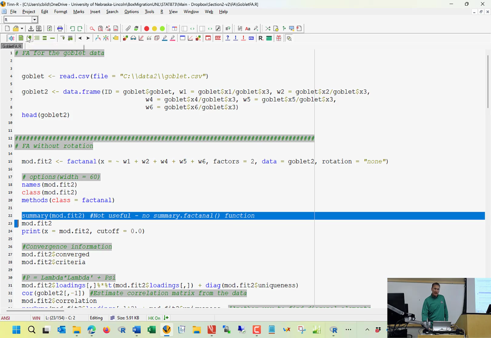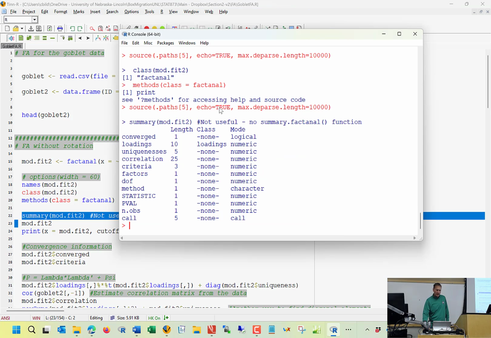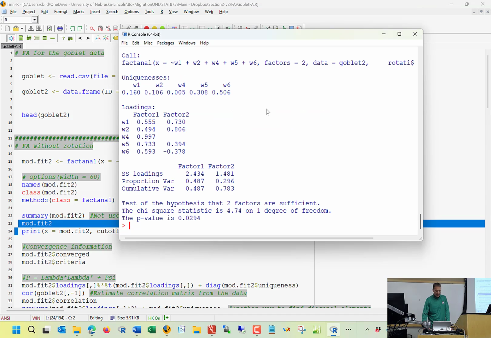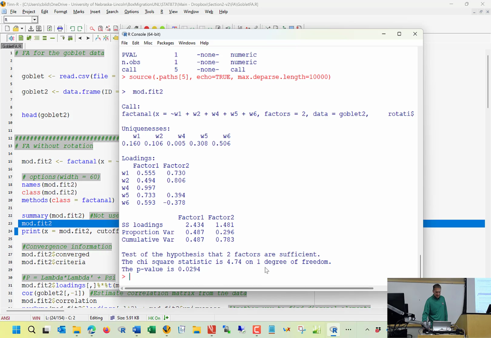But here we didn't see summary as one of those method functions, and if I apply summary to this, I don't get anything very useful. Instead, I simply type mod.fit2, and this is what I get. I don't get everything that's inside mod.fit2, but I get essentially the summary that you might expect.